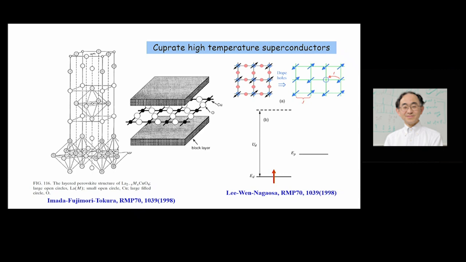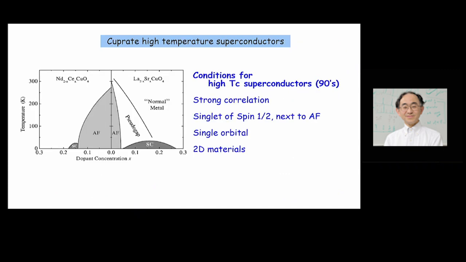And if you introduce holes, then you have a Zhang-Rice singlet, which can be described by the so-called t-J Hamiltonian in two dimensions.